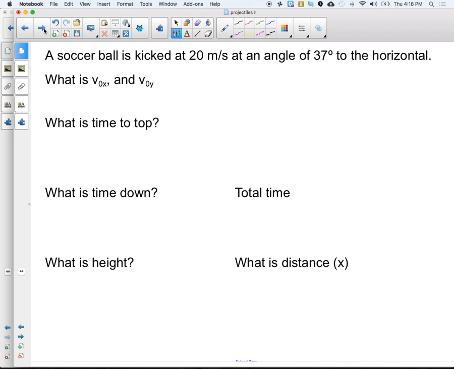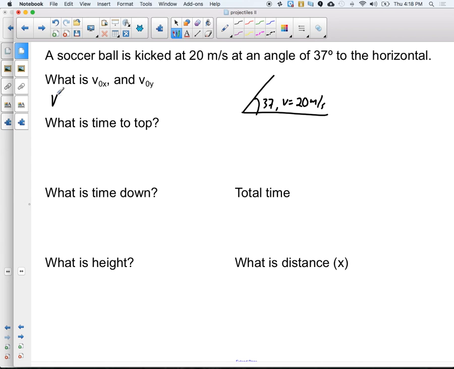So let's look at a real life problem. A soccer ball is kicked at 20 meters per second at an angle of 37 degrees. So it goes off at 37 degrees and the velocity is 20 meters per second. What is v initial in the y and v initial in the x direction?